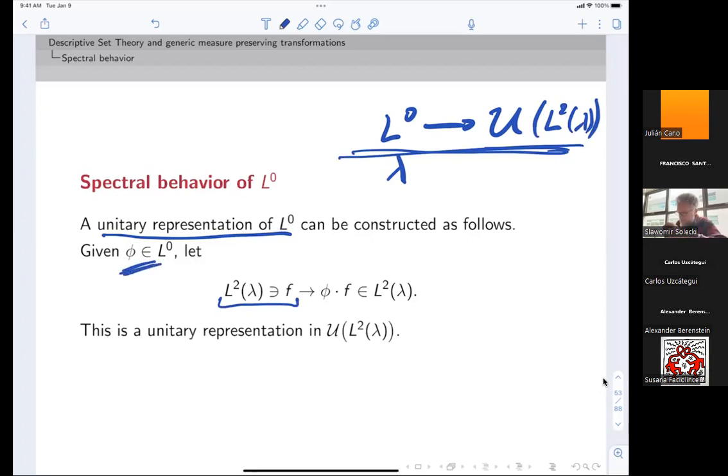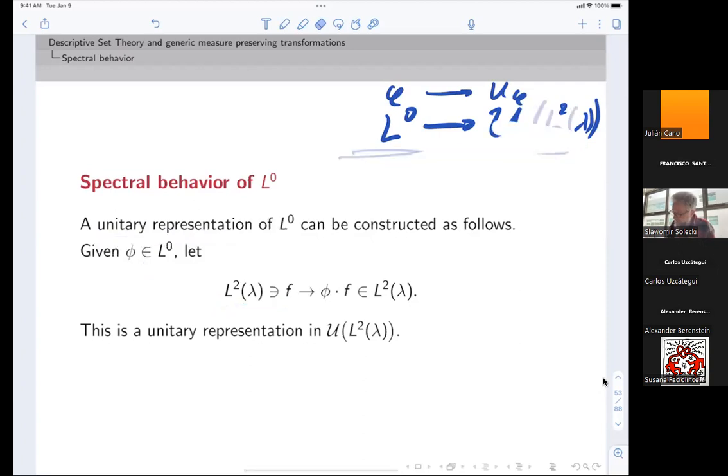So I take an element phi of L0, and I have to form from phi a unitary transformation acting on L2. I take F and I just multiply it by phi. A very simple transformation, U phi.